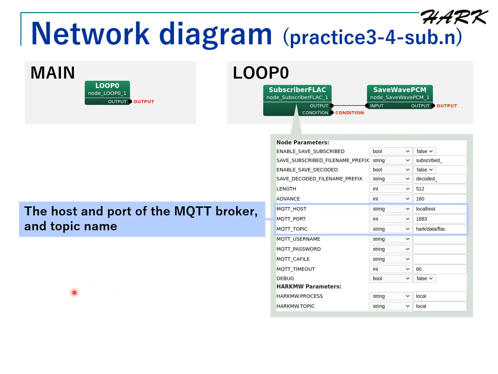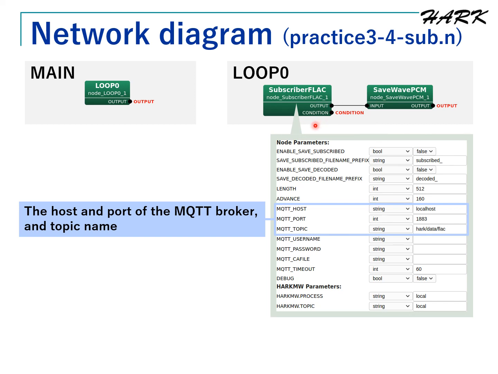And this is the network diagram of the subscriber node. This network has two sheets, main sheet and LOOP0 iterator. In the LOOP0 iterator, the SubscriberFLAC node and SaveWavePCM node are placed. This SubscriberFLAC node receives the FLAC compressed audio signals via the MQTT protocol.